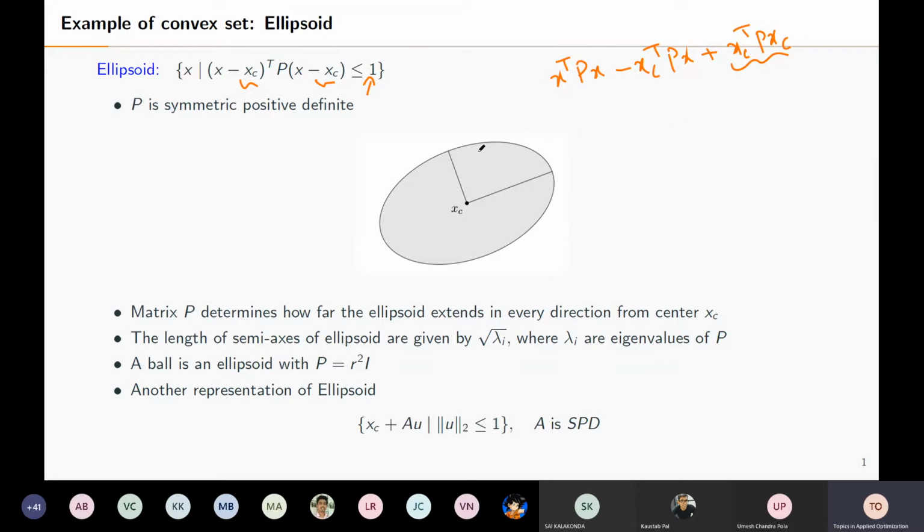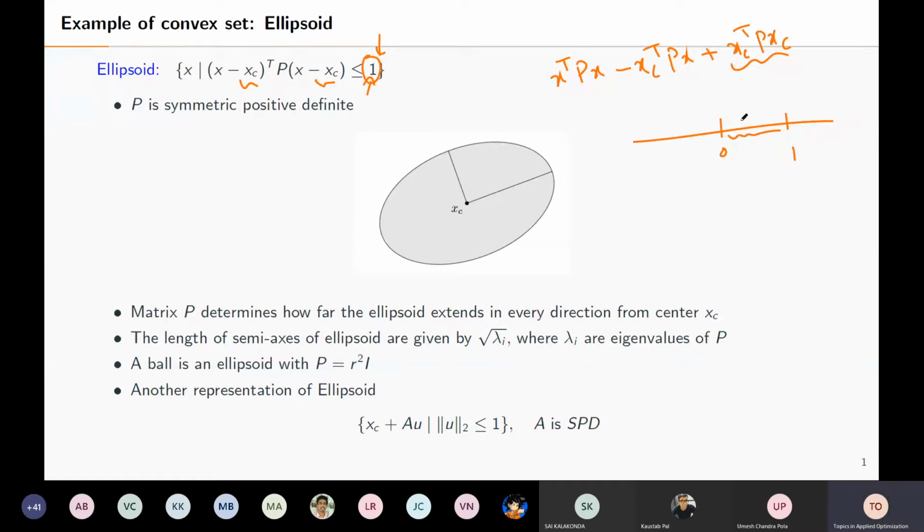In other words, what you're saying is x minus xc may still be greater than or equal to 0, but what I am asking for is that it has to be less than or equal to 1. So there is nothing stopping this from being greater than or equal to 0, because this is way beyond 0, right? So 0 is here, 1 is here, and it can still lie within this.